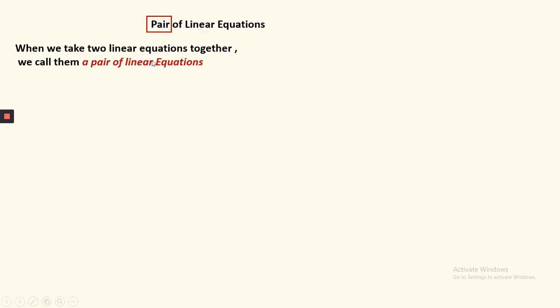When we take two linear equations together, we call them a pair of linear equations. A pair consists of two linear equations. Let's take an example. One equation is x plus y is equal to 5. The other is x minus y is equal to 1.